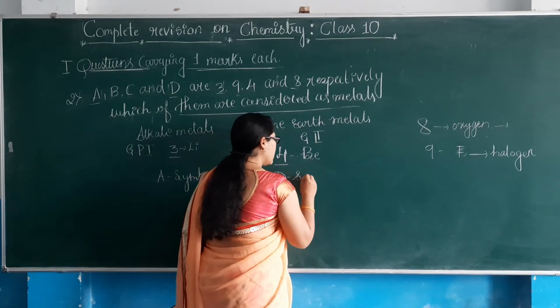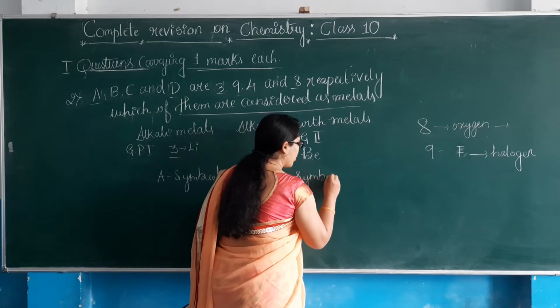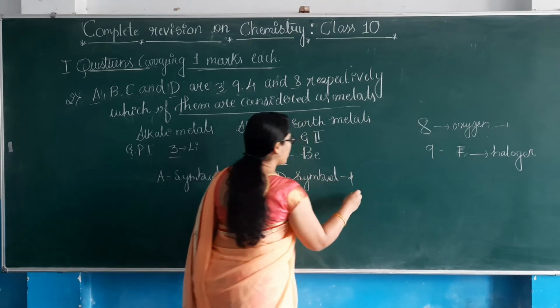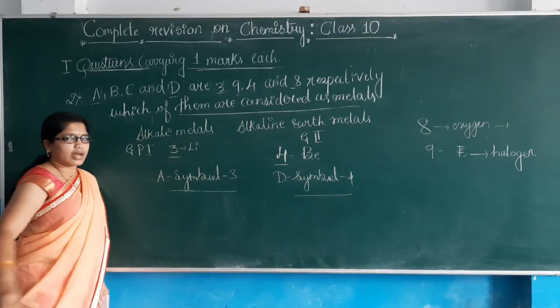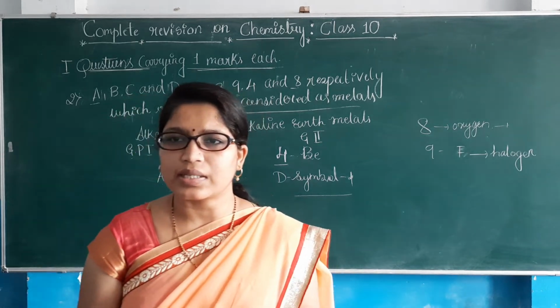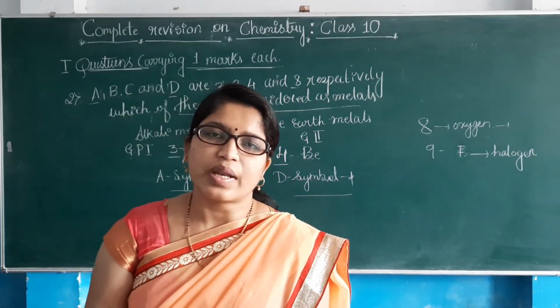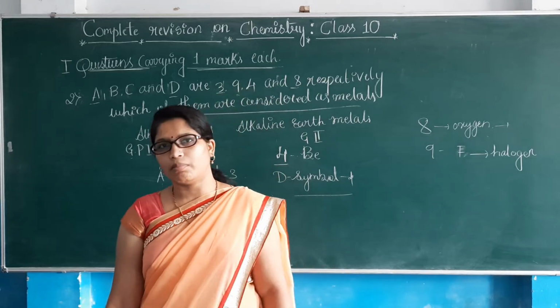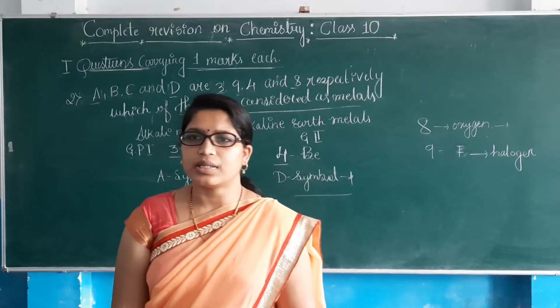D symbol is atomic number how much? 4. So I can say that A and D are going to be considered as metals. One is alkali metal and another one is alkaline earth metal. Like this you are supposed to answer the question.